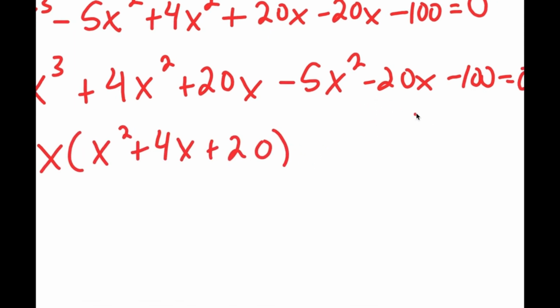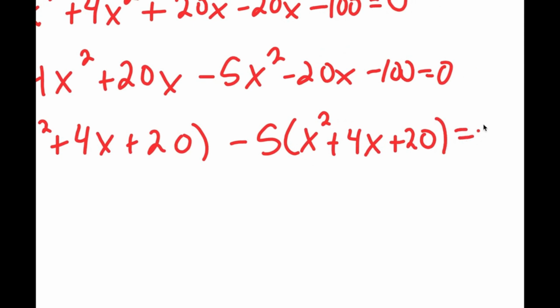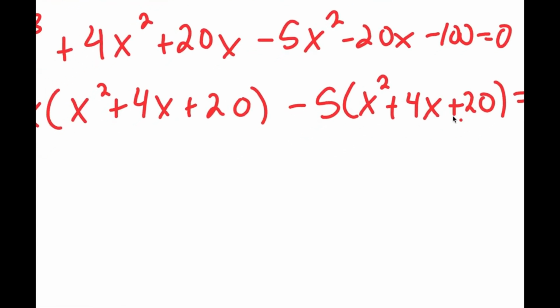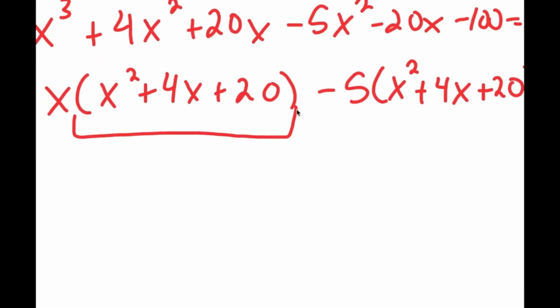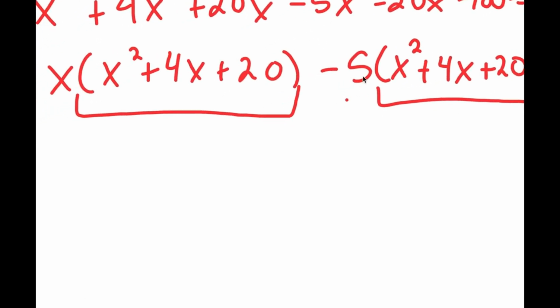And now from negative 5x squared minus 20x minus 100, I can factor out negative 5, so I get negative 5 times x squared plus 4x plus 20, which is equal to 0. And now notice how both of these terms have x squared plus 4x plus 20 in them.